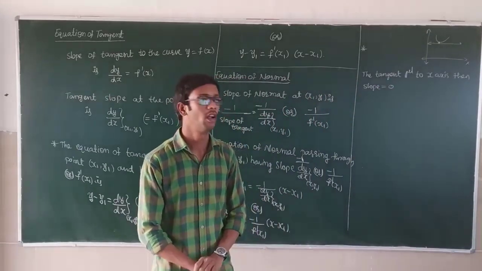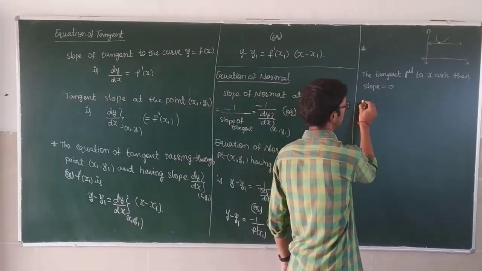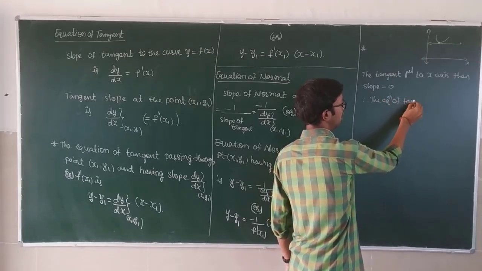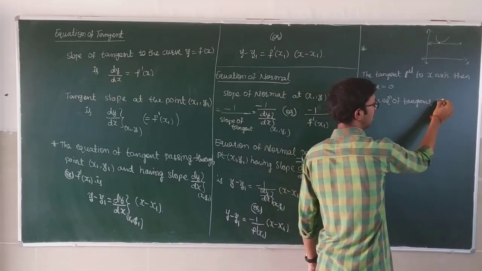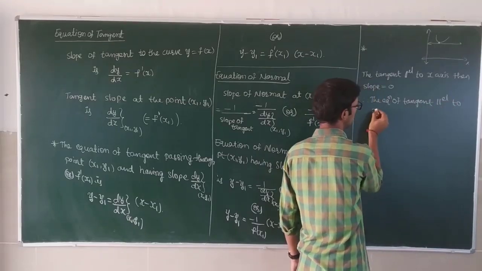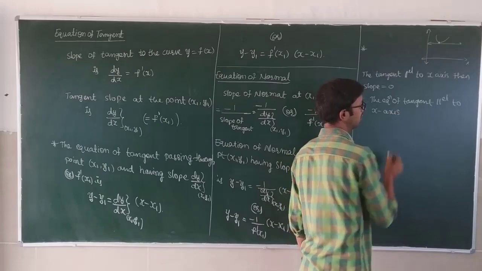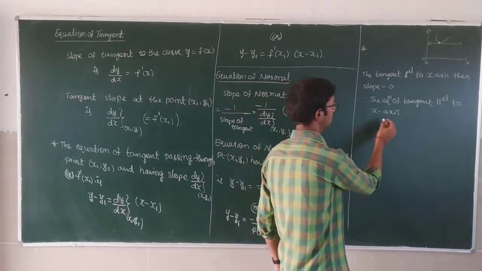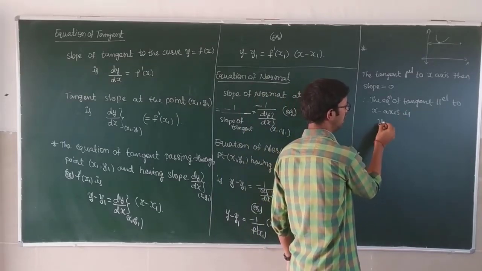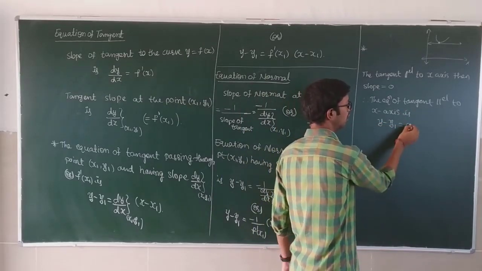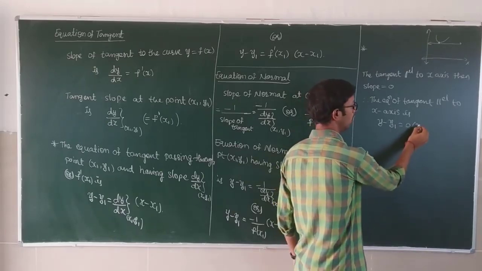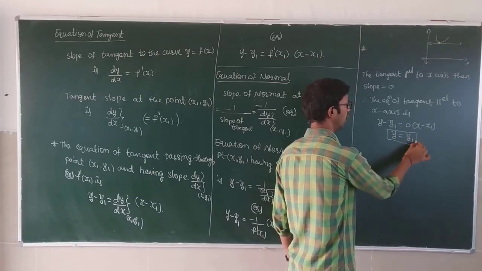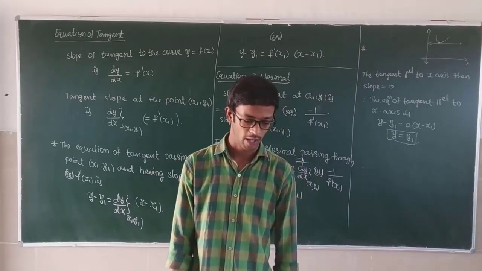Therefore, the equation of tangent parallel to the x-axis is y minus y1 is equal to 0, slope is 0, into x minus x1. Y is equal to y1.